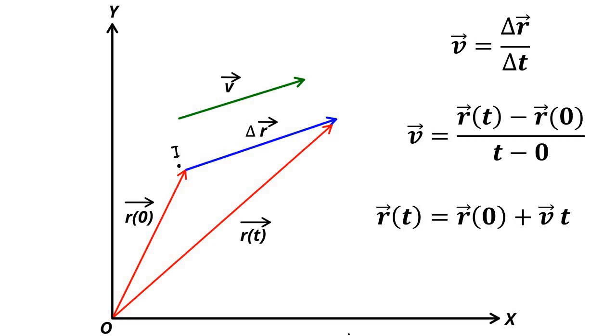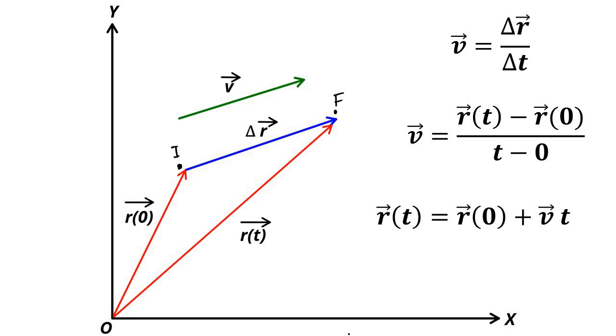This is the position vector of the initial point, and from this initial point it moved to the final point F, which is specified by the position vector rt vector.